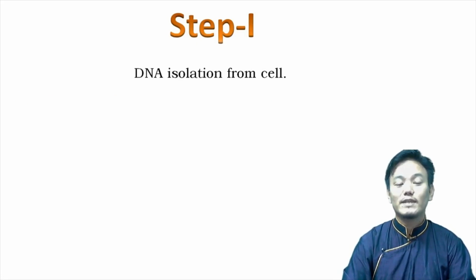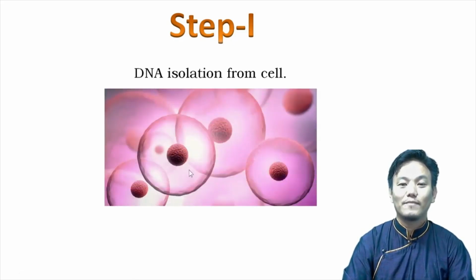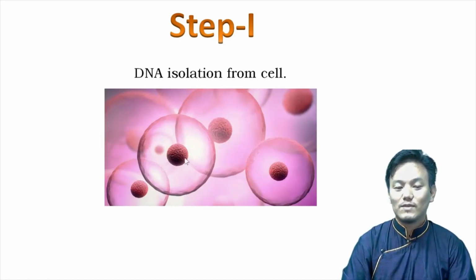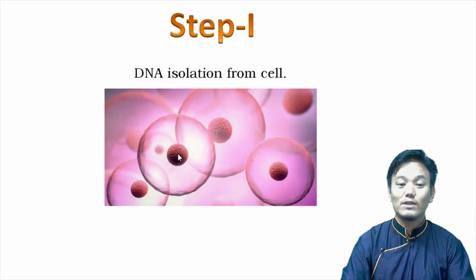In the first step, scientists have to isolate the DNA from the cell. Let us say we have a human cell. We have to isolate the DNA. We know that the DNA is present within the nucleus, and we have to take the DNA out in its pure form.